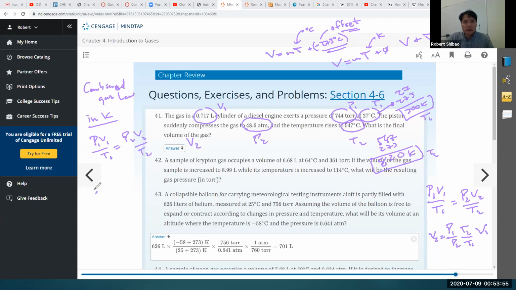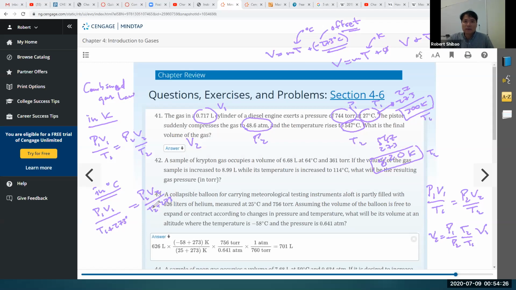If we use degrees Celsius, then it looks different. It's going to be P1 V1 over T1 plus 273 degrees, since we have to convert Celsius, is equal to P2 V2 over T2 plus 273. So we have to factor in the offset here.